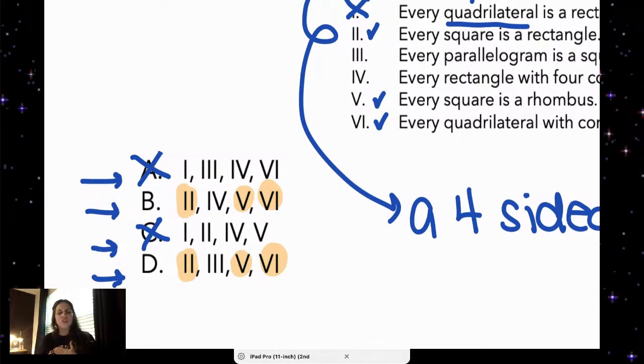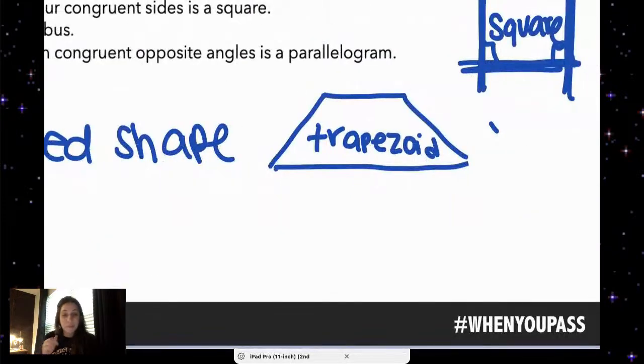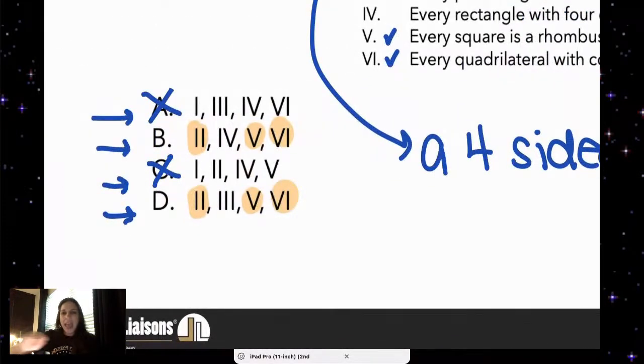Even if I'm like, that's wrong, well, if it's wrong, either I crossed off the wrong answer choices, or I just don't truly understand the question, and that's okay. But I am confident number 1 is not always true because I know a trapezoid is not always a rectangle. So I know A and C are out, which leaves B and D.